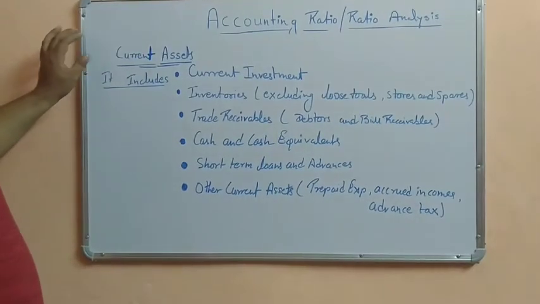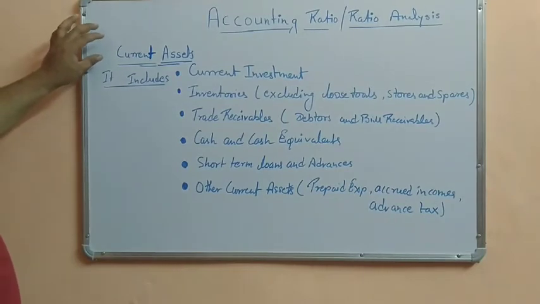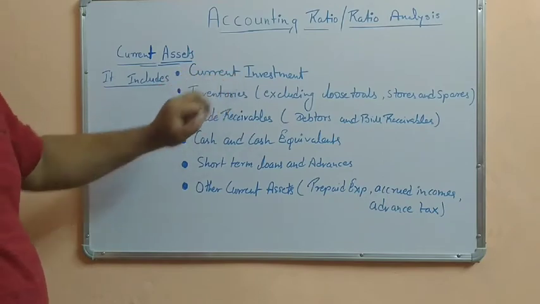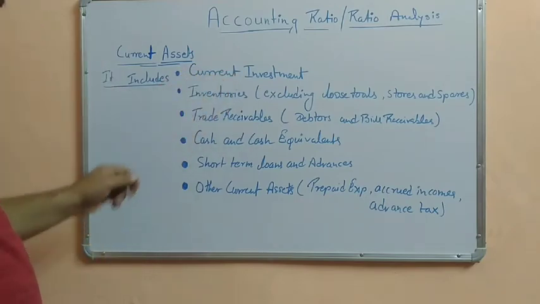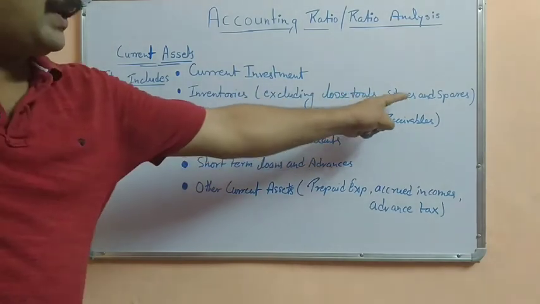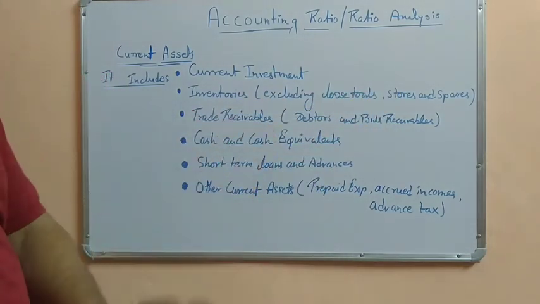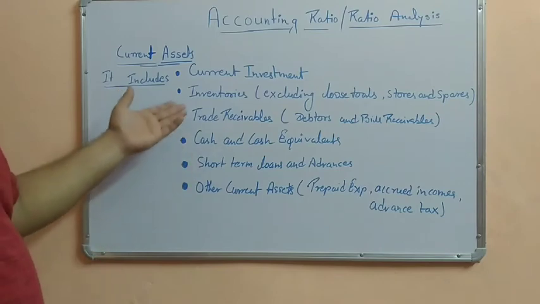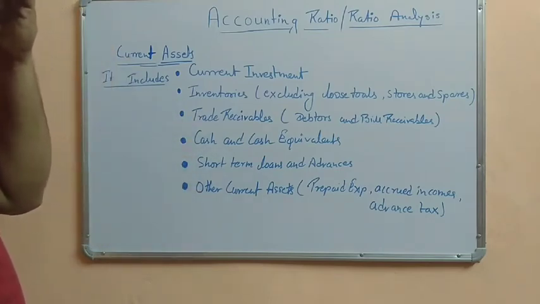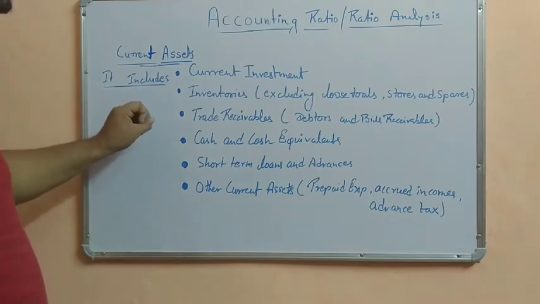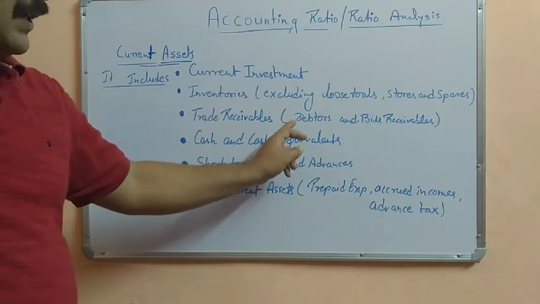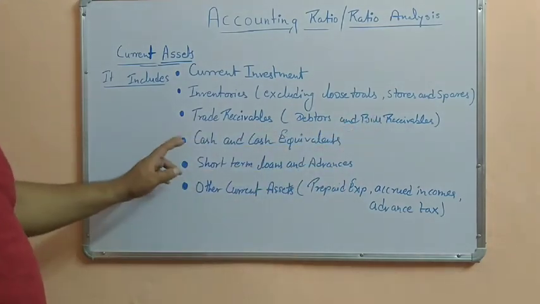Let us understand what items are included in current assets. Current assets include current investment, that is investment made for less than 1 year. Second is inventory, excluding loose tools, stores and spares. Inventory includes basically raw material, stock and work in progress. Trade receivables include two items: sundry debtors and bills receivable.